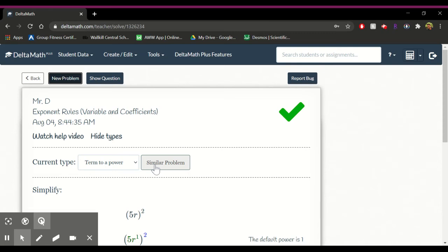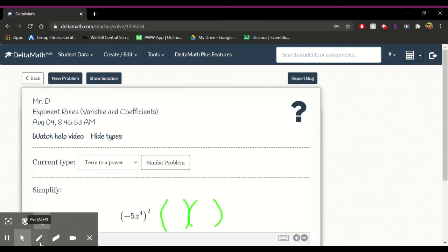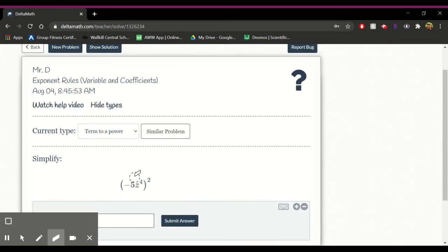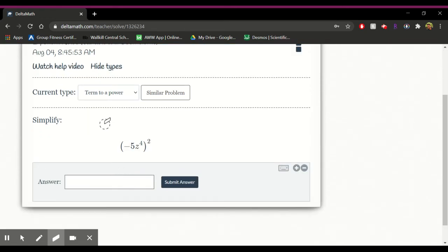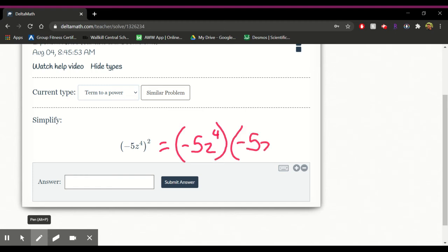Okay, similar problem. Let me erase. Okay, -5z to the fourth. So I'm going to write it out. Negative 5z to the fourth, and negative 5z to the fourth.